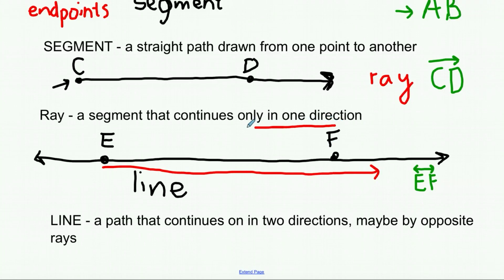And here, FE, that is also a ray. So sometimes lines are referred to as opposite rays because they're 2 rays that go off in 2 opposite directions. And we always refer from the point that a ray starts from first. So like for this example, this is CD. For me to say ray DC, that wouldn't work because C is the origin and it only goes in this direction.